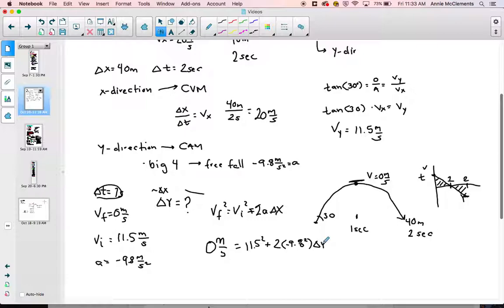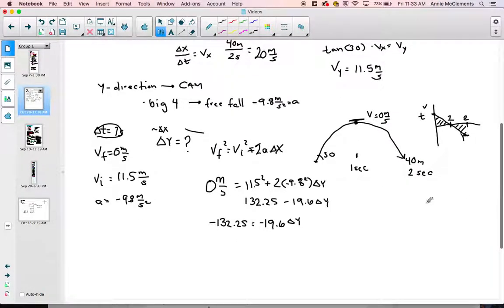So then we go ahead and do some math, break out our calculators. This equals 132.25 minus 19.6 change in y. We're going to get negative, and divide both sides by negative 19.6.